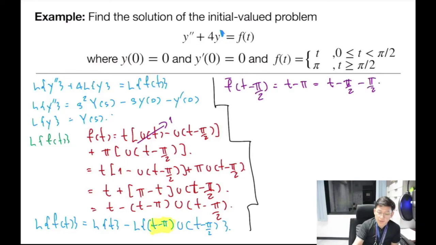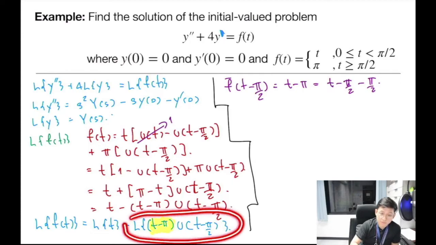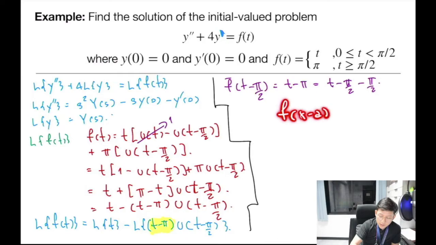Guys, don't forget, when you want to find the Laplace transform of a unit step function, you need to write it in terms of f(t minus a) u(t minus a). You need to write that in terms of the same function.